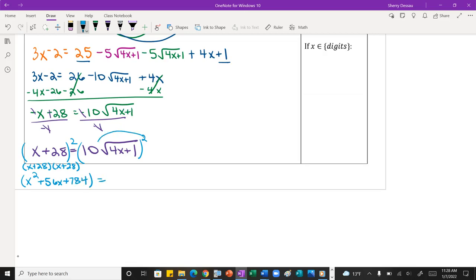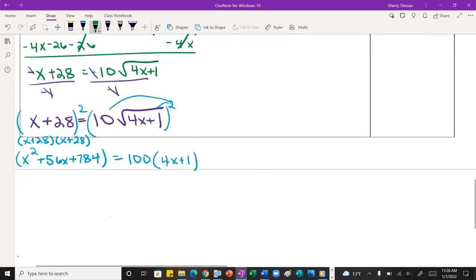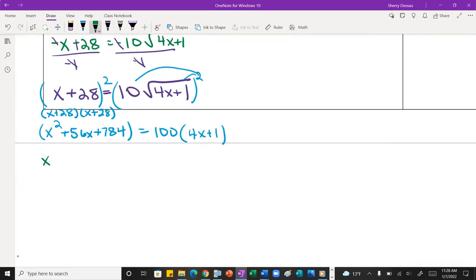That equals, I distribute here, it's going to be 100, and this cancels the sign, so 100 times 4x plus 1. So then I'm going to distribute that 100 in, so I'm going to have x squared plus 56x plus 784 equals 100 times 4 is going to give me 400x, and then plus 100.